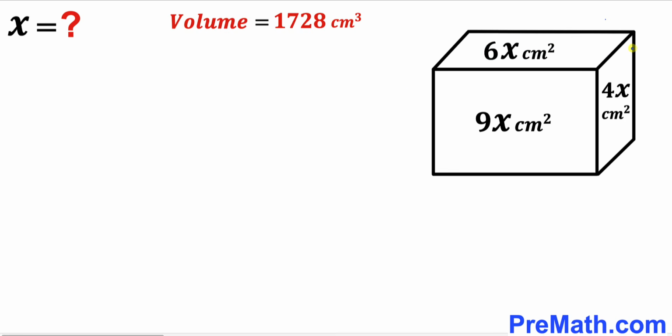And finally, the area of this right rectangle has been given to us as 4x centimeter square as well. Furthermore, the volume of this box has been given to us as 1728 centimeter cube. And now our task is to find the value of x.